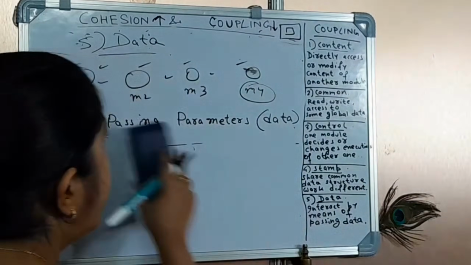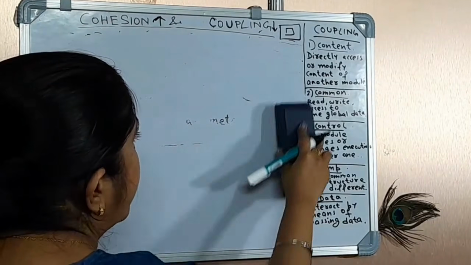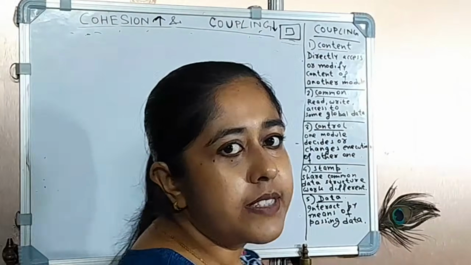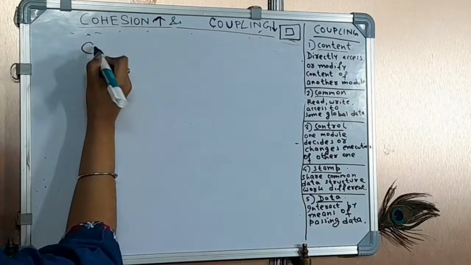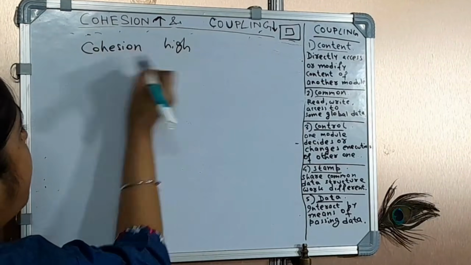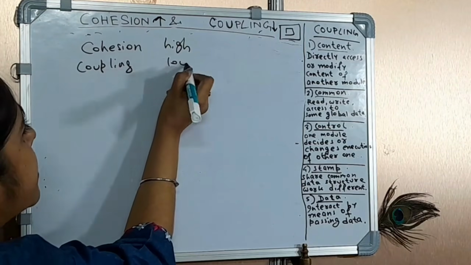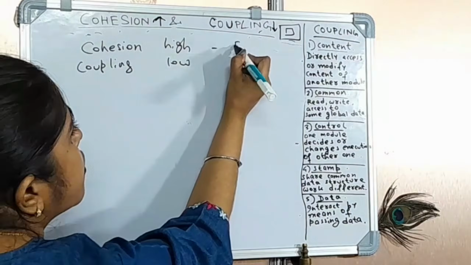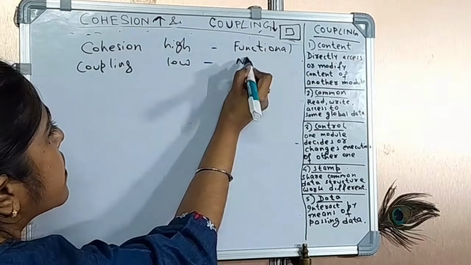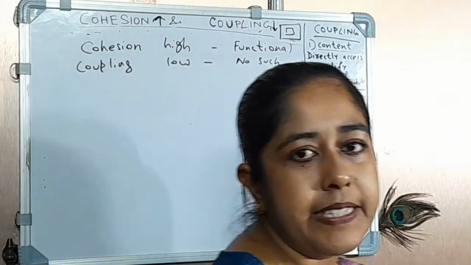Clear? So here we have discussed that there are 7 kinds of cohesion and 5 kinds of coupling. But the main thing is that cohesion should always be high and coupling should be low. In cohesion we have seen that functional cohesion is the highly accepted one, but in coupling no such ideal coupling is there.